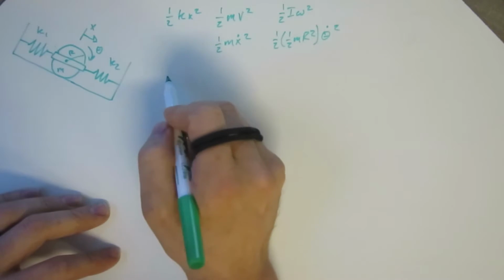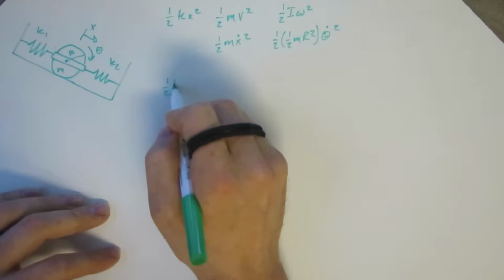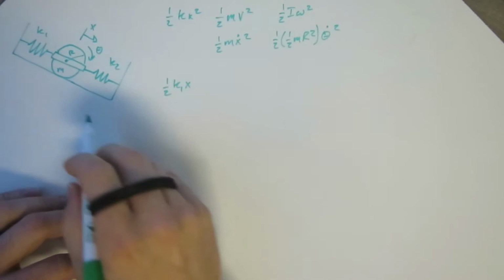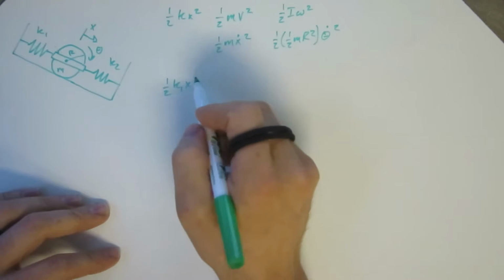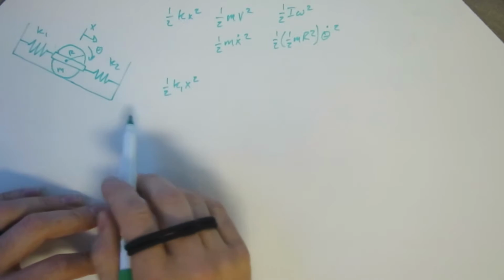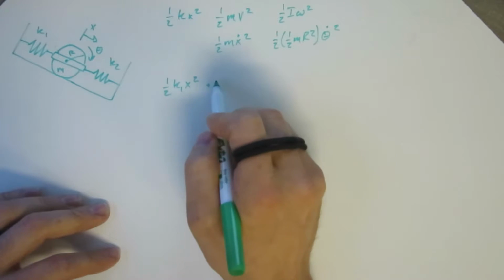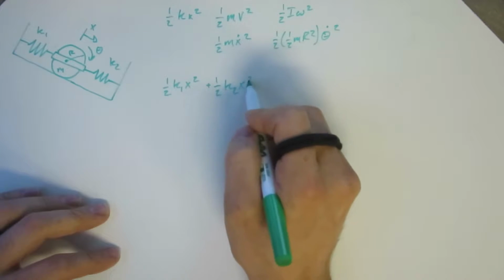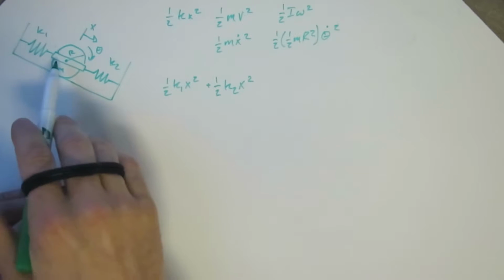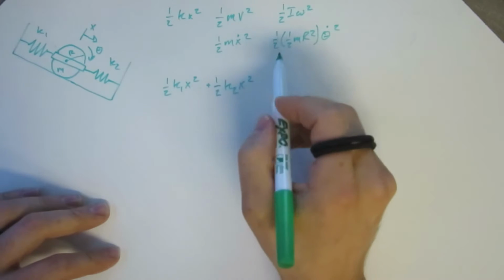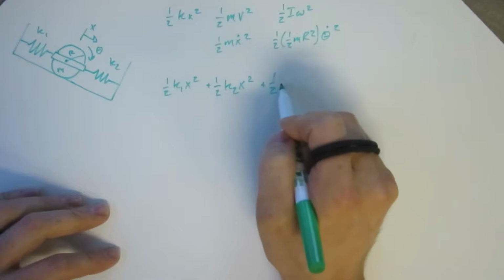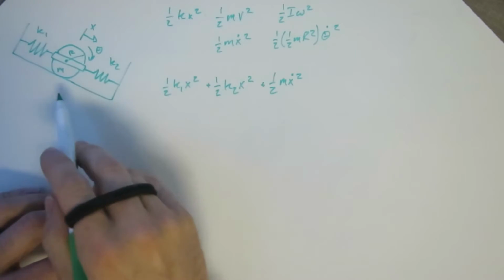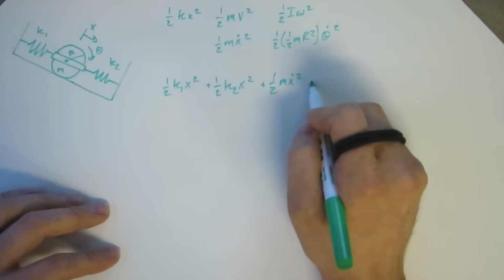So K1 will have an energy, 1/2 K1, and x is the displacement we use for the stretching and compressing of those springs, x squared. K2 will have an energy, sum that energy, 1/2 K2 x squared. We will have an energy for the translation of this body, 1/2 m x dot squared, and then obviously an energy for the rotation of this body.